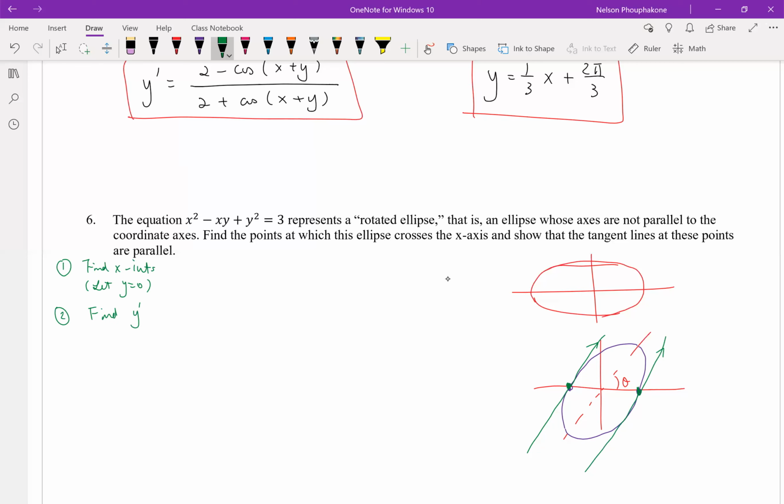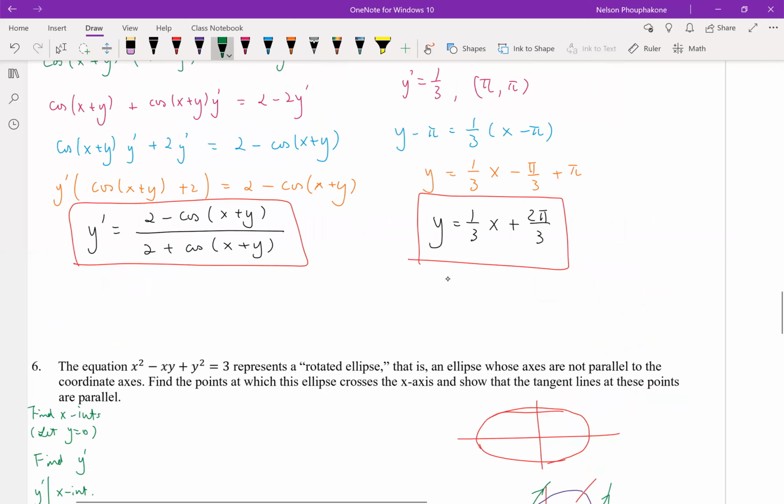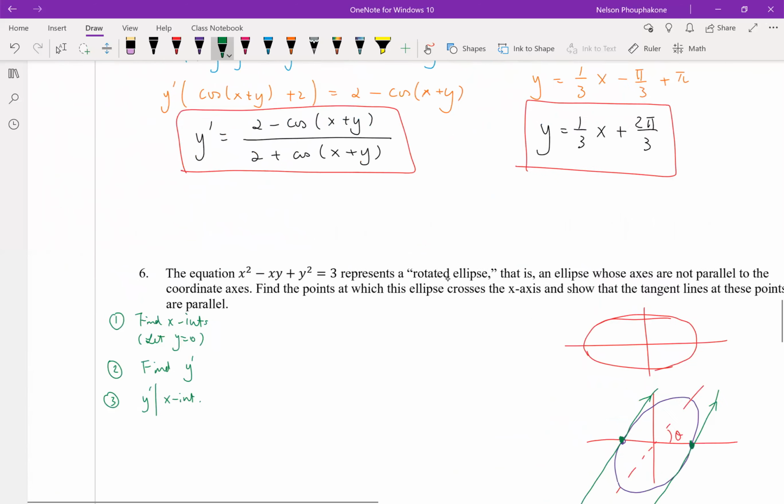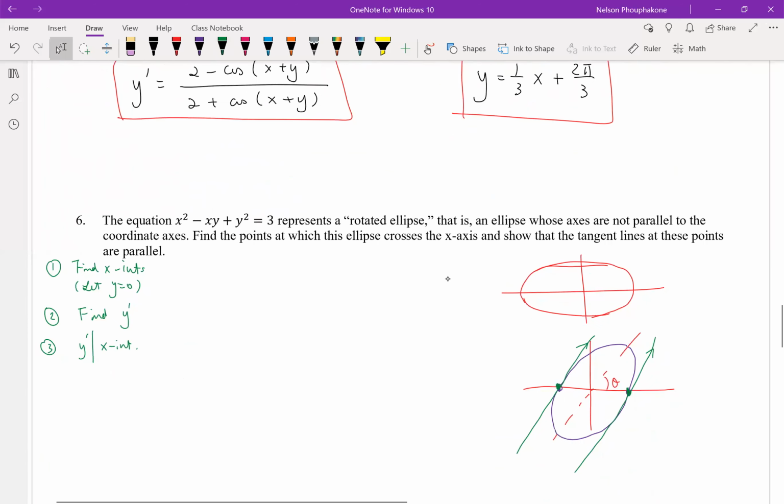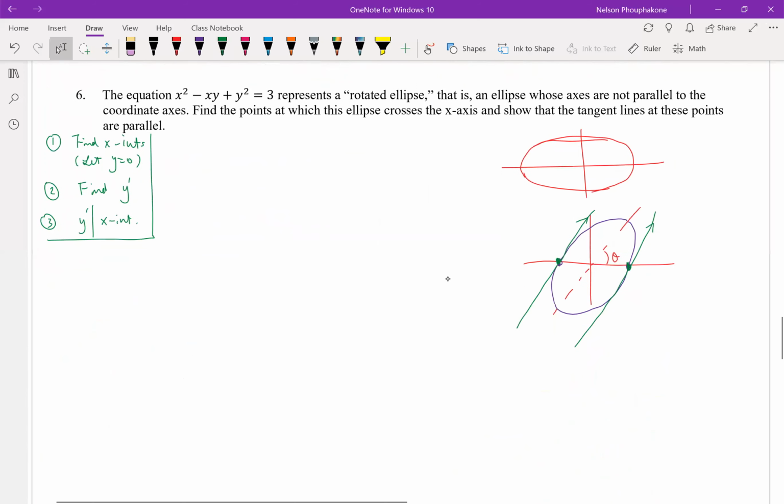Then step number 3, we evaluate y prime at the x-intercepts and try to see if they are the same. This is the idea of what we need to do for this problem. Hopefully they are parallel, or the result is the same.